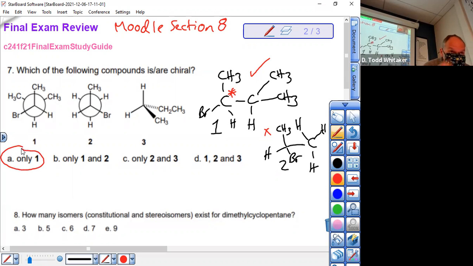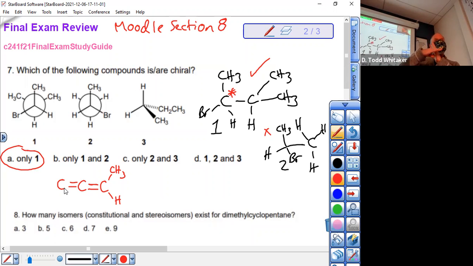I'll give you an example of a chiral molecule that has 0 stereocenters. Here it is. It's in the textbook. I'm just taking it straight from the textbook. Now, because the carbon in the middle has 2 pi bonds, one of them is py-py and the other is pz-pz, the pi bonds are like this to each other, right? 90 degrees.